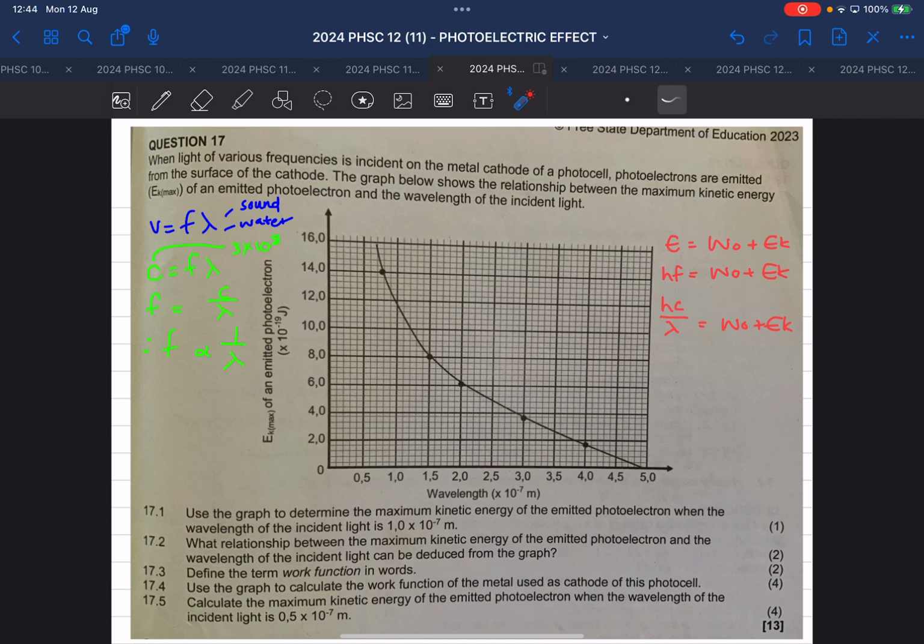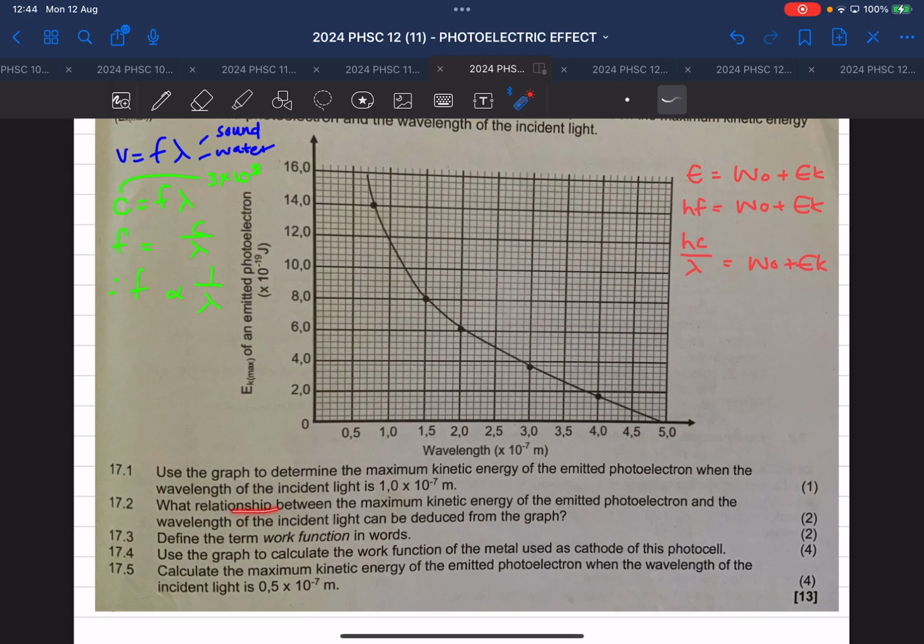Okay. Next one they say, what relationship between the maximum kinetic energy and the wavelength can be deduced from the graph? They are inversely proportional to one another. No, "indirectly" does not exist. There's no word like that in science. If you say that wrong, 0 out of 2.